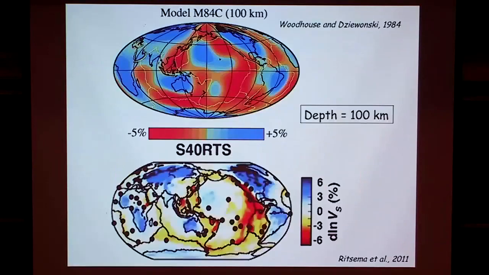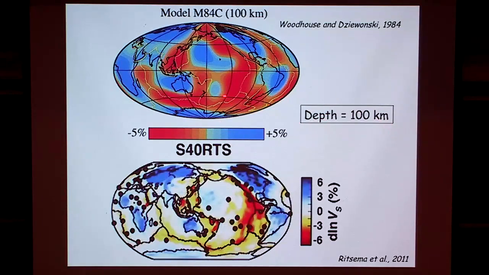So now we've made progress over the years, right. I like to show this slide because this is the first tomographic model of the upper mantle using long period waveforms, which shows a global picture at long wavelengths of the structure at a depth of 100 kilometers.